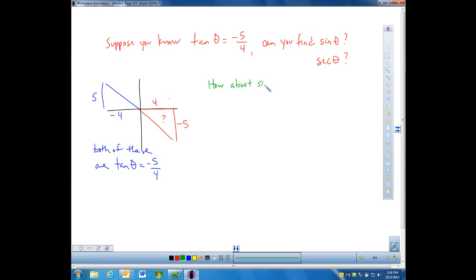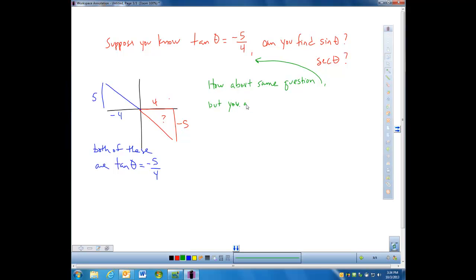That would affect what my answers are for those other trig values. So how about we give you kind of the same question here. This time, I'm going to tell you that the tangent of theta is still -5/4, but you also know that cosine is going to be less than 0. So I'm telling you that I have a negative cosine.